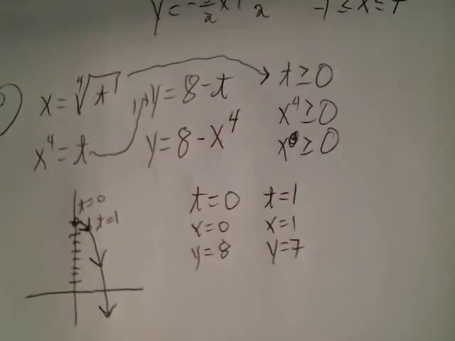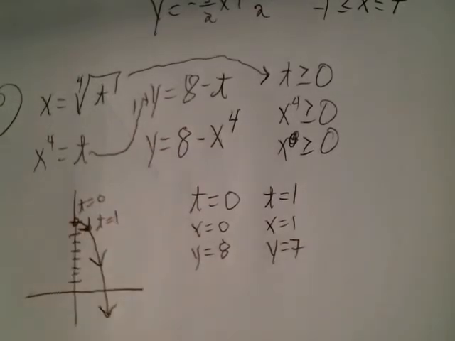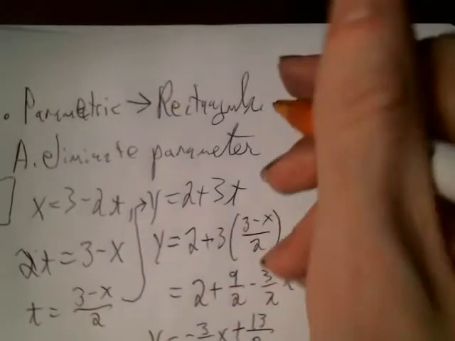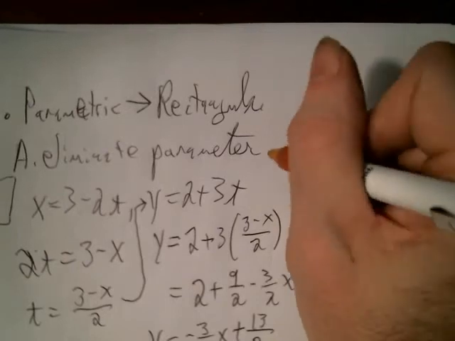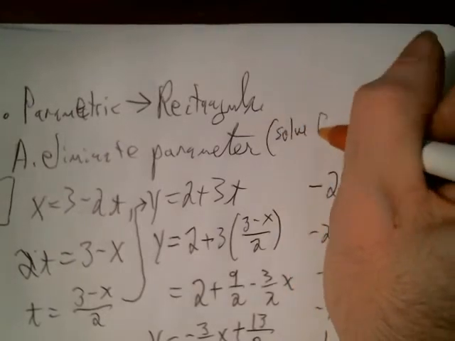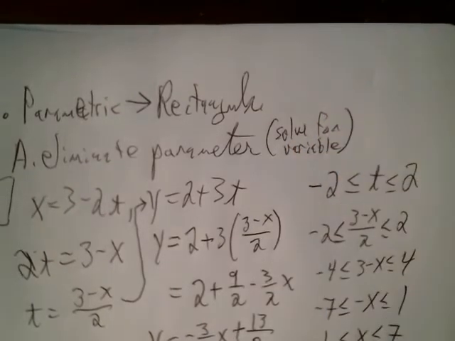So when you're graphing these, you do need to indicate the direction of travel on your curve. Okay, so eliminate the parameter just via solving for a variable. This is one method to accomplish that objective.